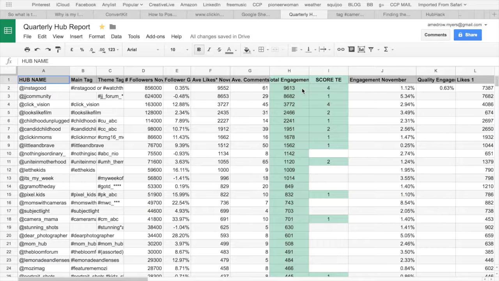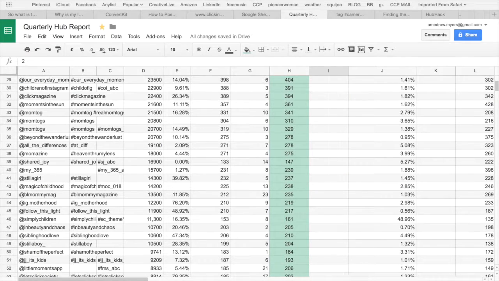So that's amazing. The JJ community, they didn't have great quality engagement. So you can see here, average number of comments is only 29, but average number of likes, which means that someone saw that picture, is about 8,600. So they got one here. Here's another one that got bonus points. That was ClickVision. I think I have shown you all of the major categories and how I score them.